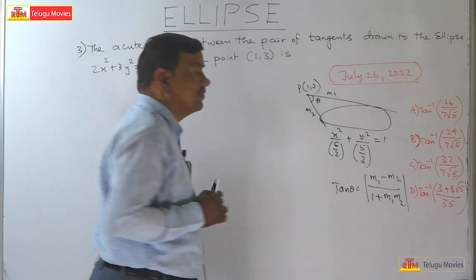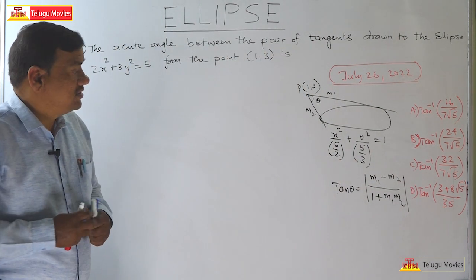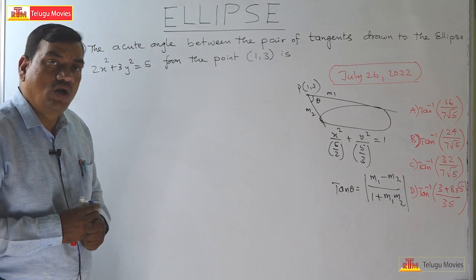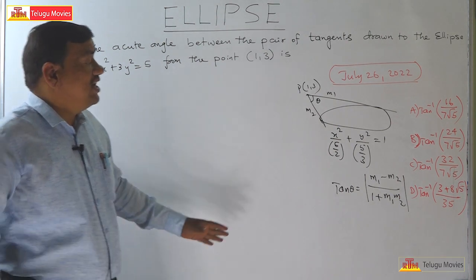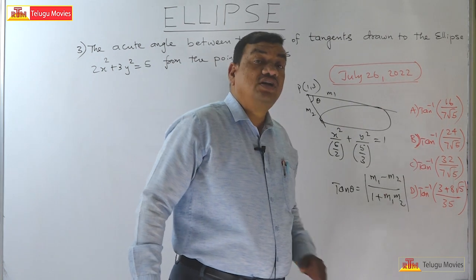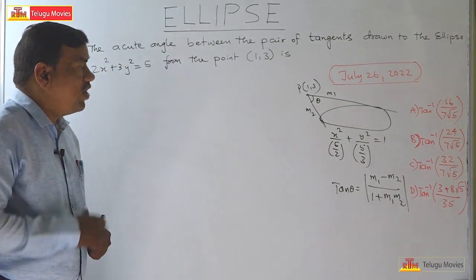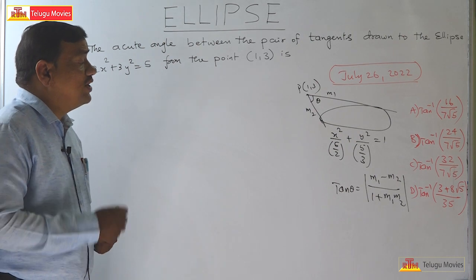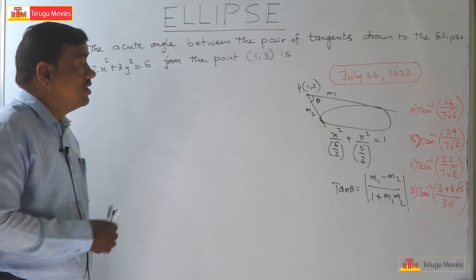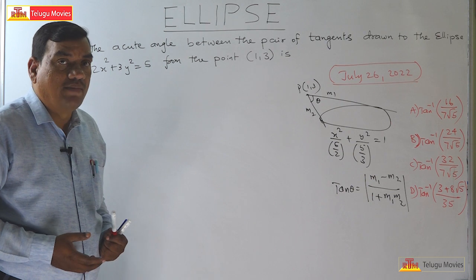That formula gives the angle between a pair of lines when their slopes are known. Luckily, our options are also in tan inverse. If you find the tan θ value, the problem will be over. Then how to find m1 − m2 and m1 m2?